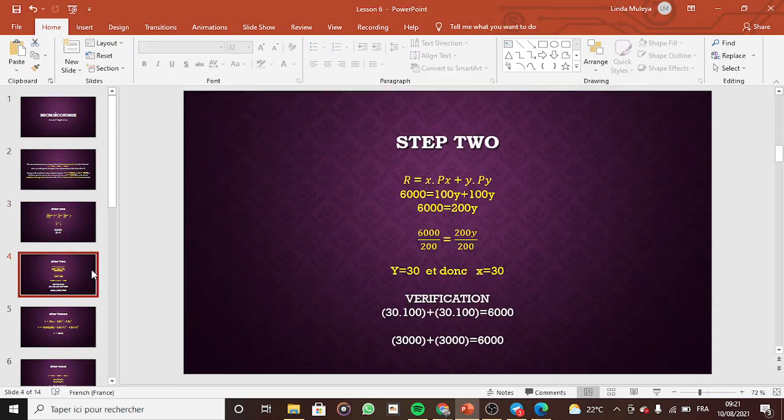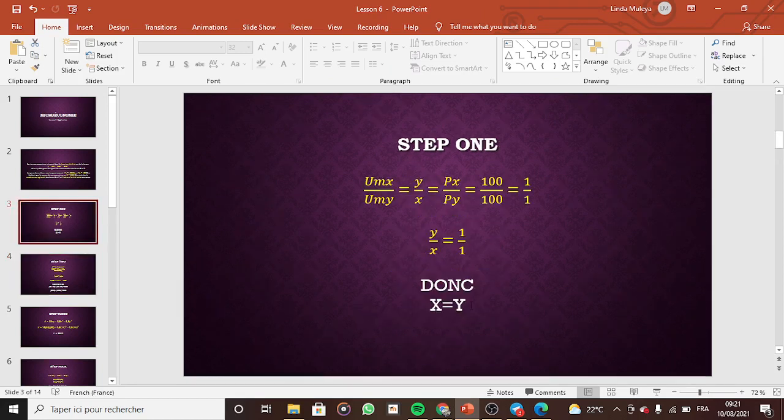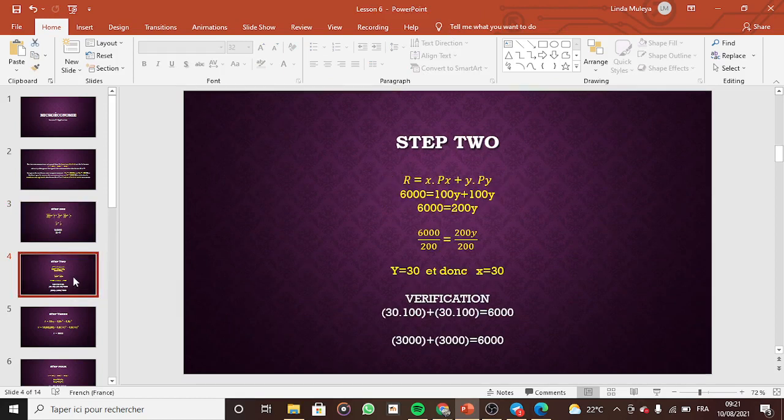Alright, so our second step is that we'll take this little equation that we've made here, and we'll now replace it in our formula for budgetary constraint or for revenue. So it works either way. You could either replace x with y or y with x, since they're equal in this case. It would give you the same answer.